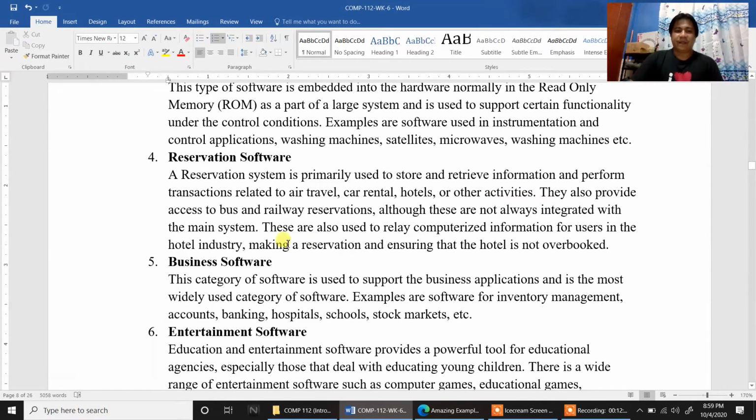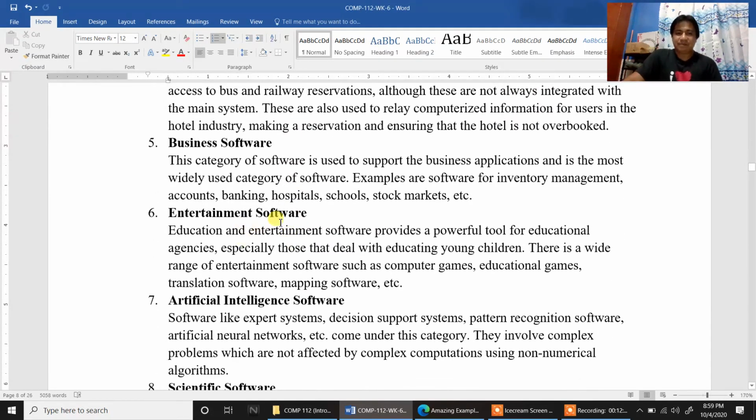Then we have business software, like accounting management, inventory management systems, banking, hospitals, schools, stock market, etc. I think you're familiar with the examples of business software.